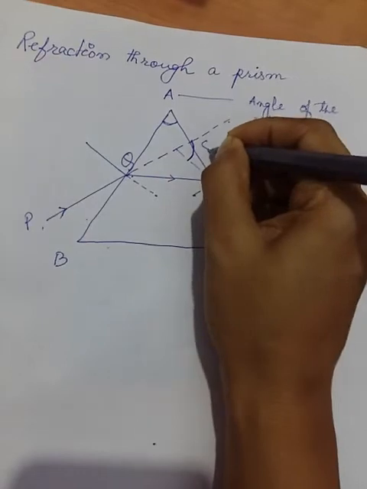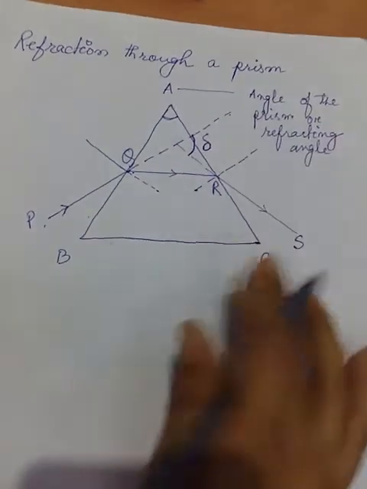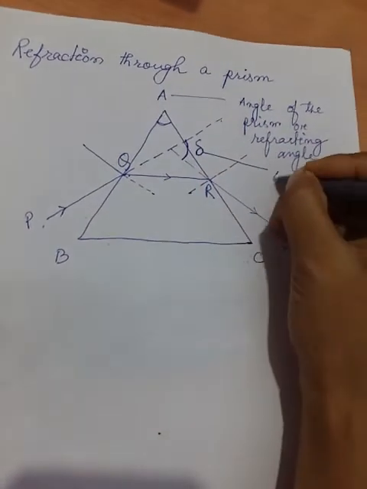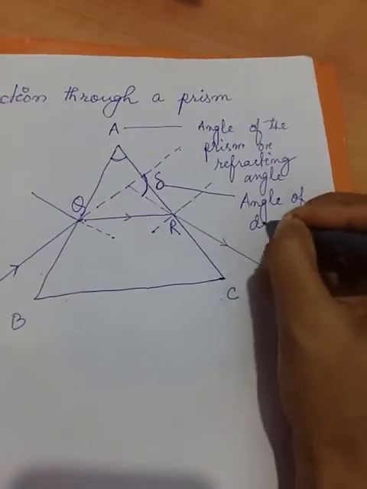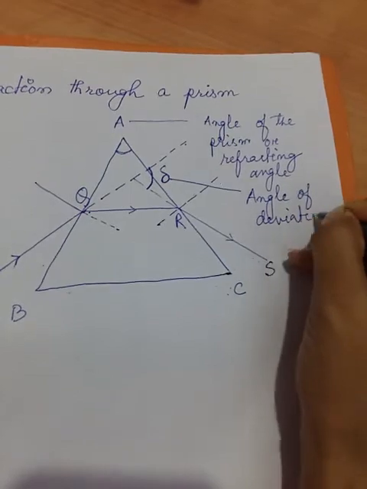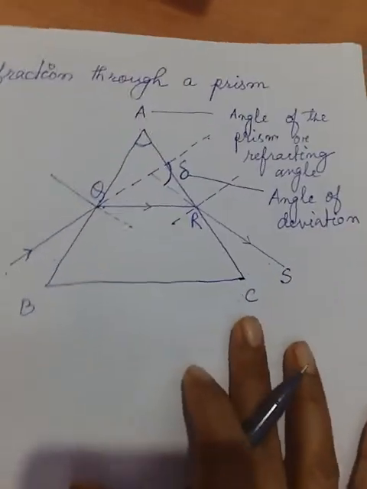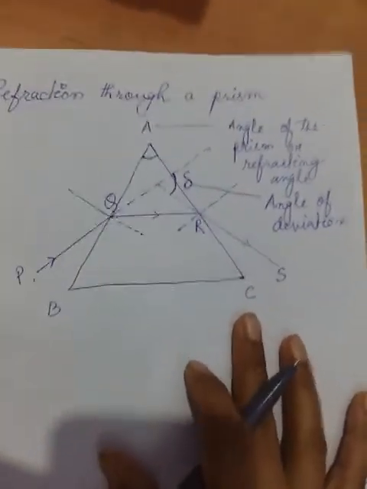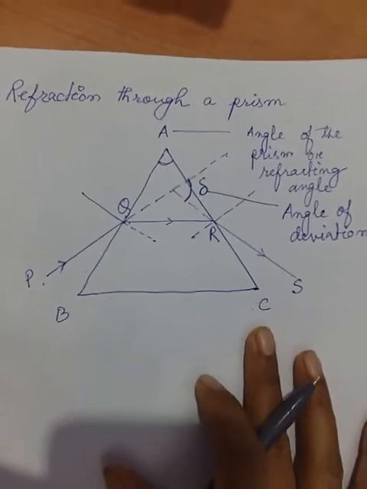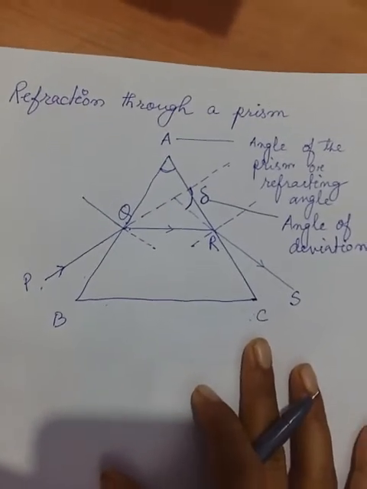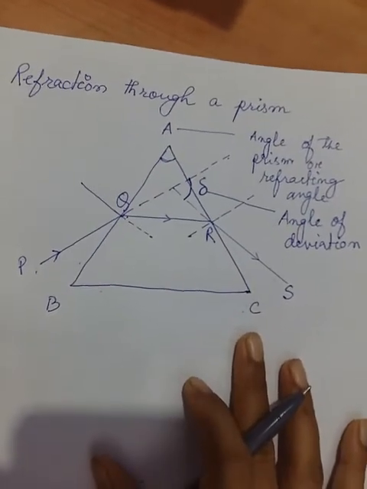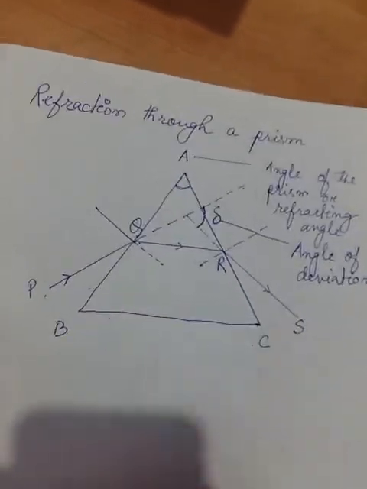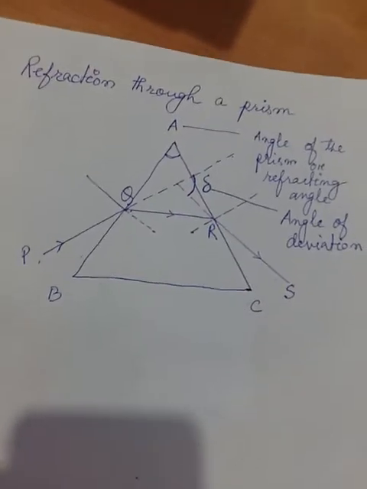This angle is known as the angle of deviation. So the angle of deviation is the angle between the direction of the incident ray and the direction of the emergent ray.